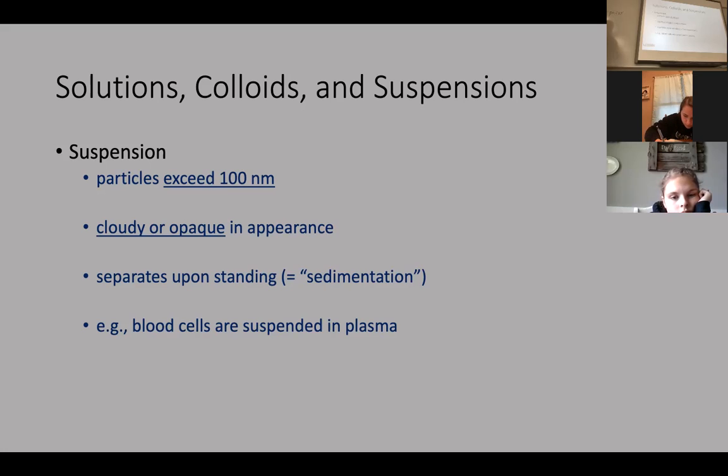And then on the top, you'll have plasma. So it'll totally separate out. The plasma is what the red blood cells are basically floating in. It's mostly water. There's a bunch of other stuff in it, but you'll have the plasma on top and the red blood cells on the bottom. That is a suspension.